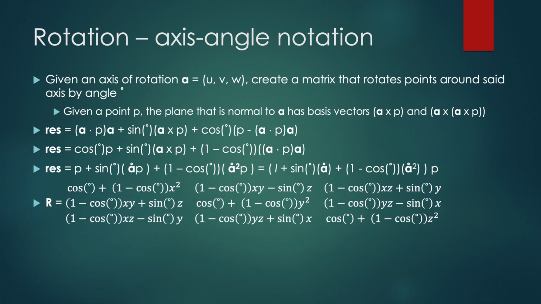So then the resulting rotation matrix from all of this is as follows. And I'm not really going to go too deep into the math here because I'm going to do a visual demonstration right after this. But I will leave as a final note that quaternions are another interesting way to perform 3D rotations.